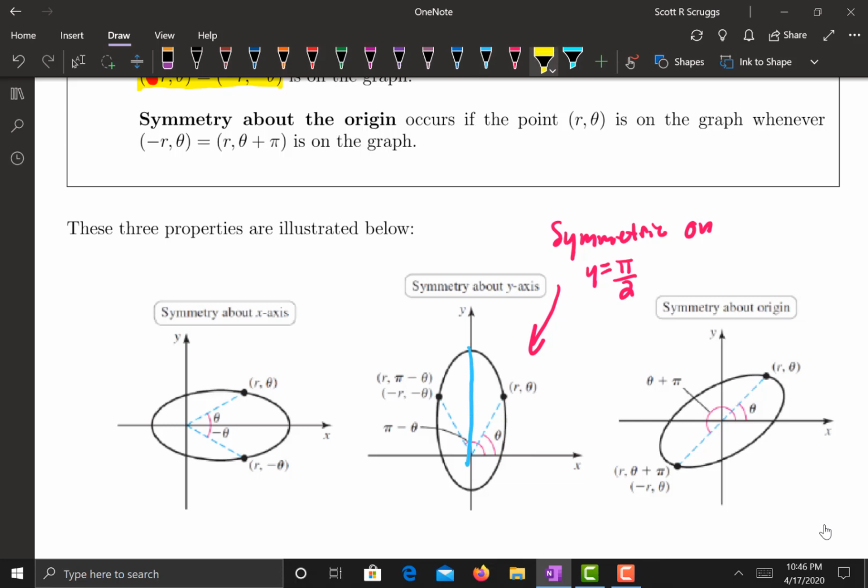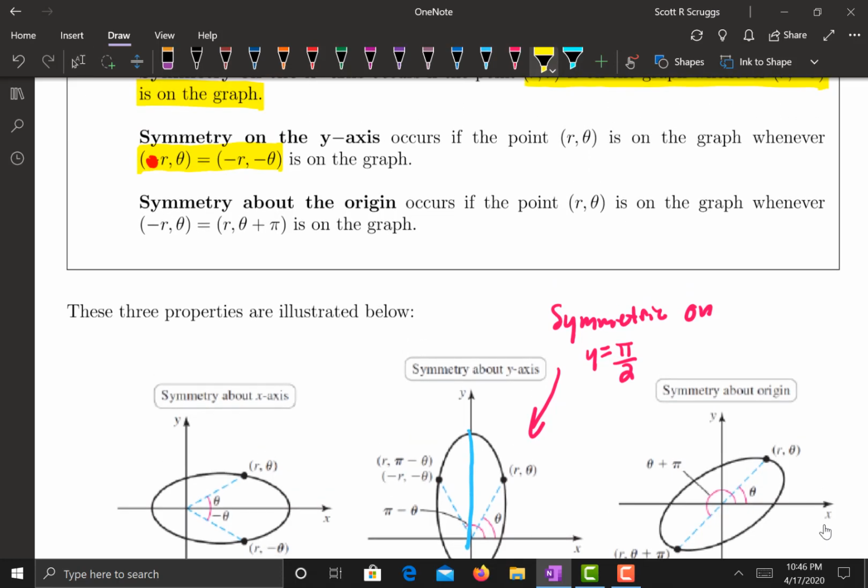And I get a third symmetry, and that's symmetric about the origin, by using that identity from before, where if I have a negative radial coordinate and I rotate counterclockwise theta radians, it's the exact same as if I have the opposite sign and I add pi to my theta radians from before.